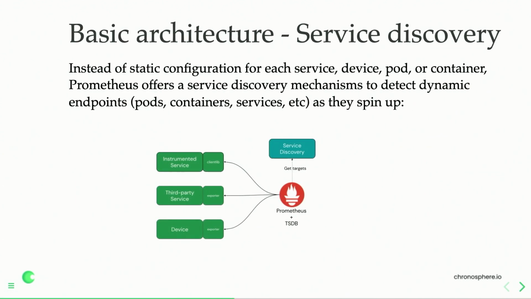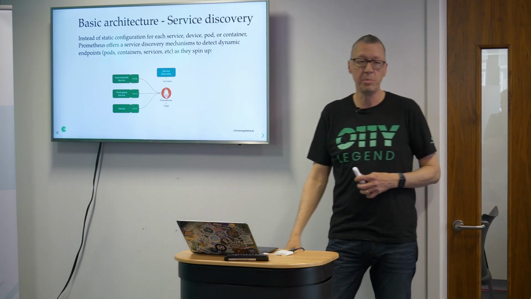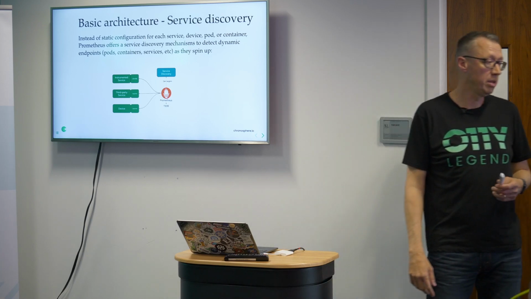And what it's doing is scraping these, so you see that it's going out and getting them, so there's no impact on your application. You're not telling your application to push stuff. You're just telling it where it can find the application to go get it. And what that boils down to is you're turning on an endpoint, basically a port.